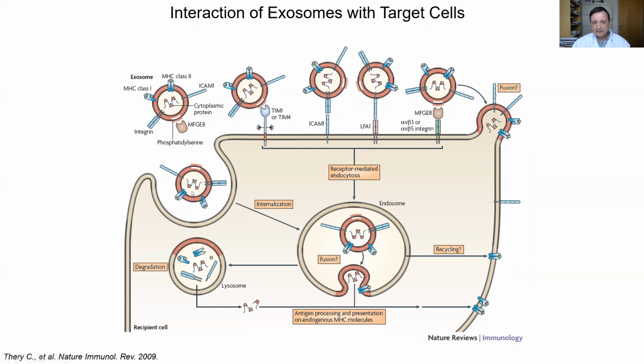Others are internalized like a virus, and then release their intraluminal content into the cytosol of the target cell. And these vesicles not only have proteins, lipids, carbohydrates, but they also carry mRNA, microRNA, non-coding RNAs that can affect the behavior of the acceptor cell.